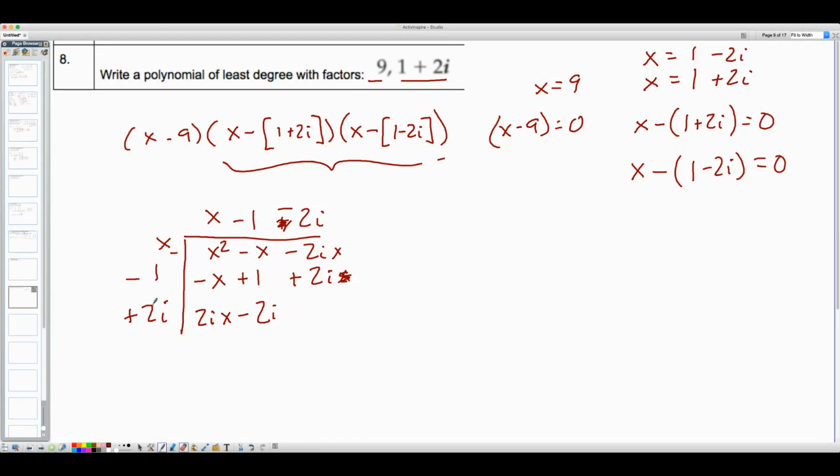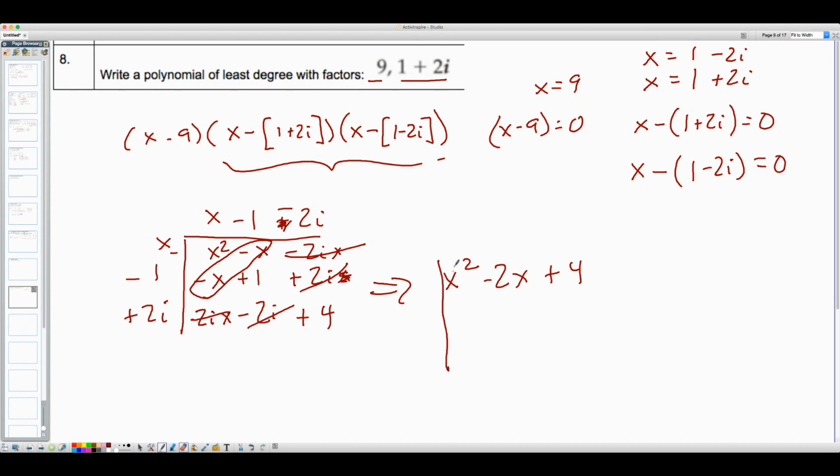And then we have a negative times a negative, which is a negative 4 and a plus 4. So this will multiply out to be x squared. These are like terms, minus 2x. These two terms cancel. These two terms cancel, plus 4. So I have real coefficients.